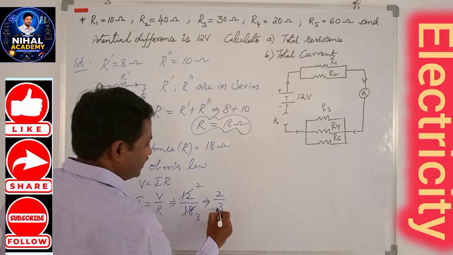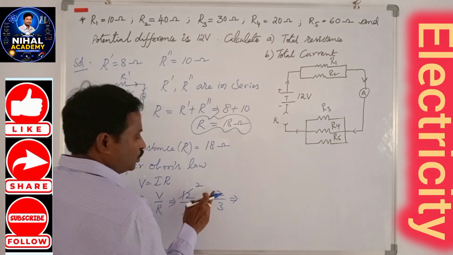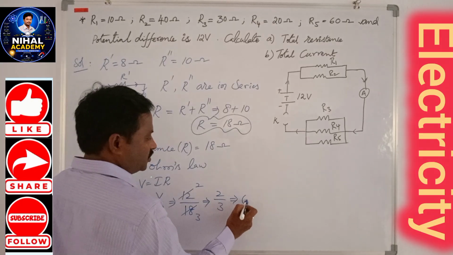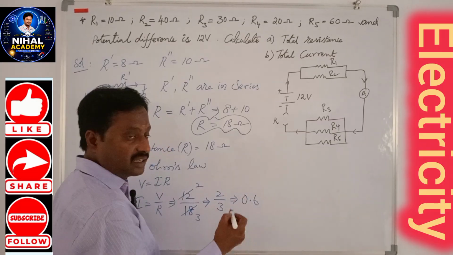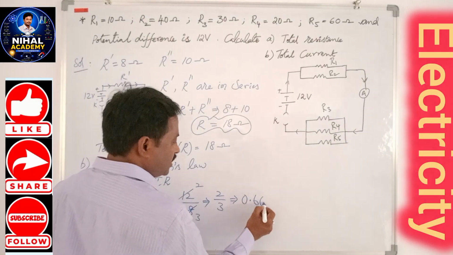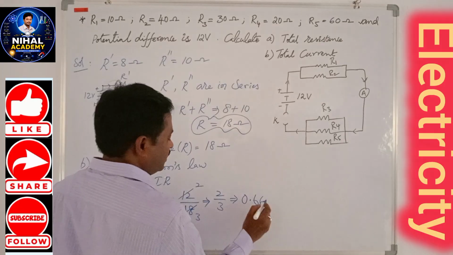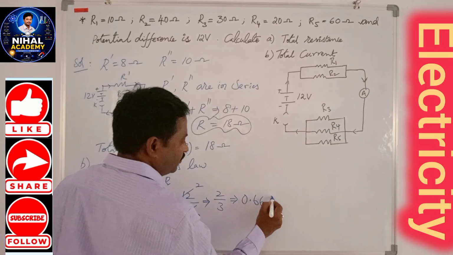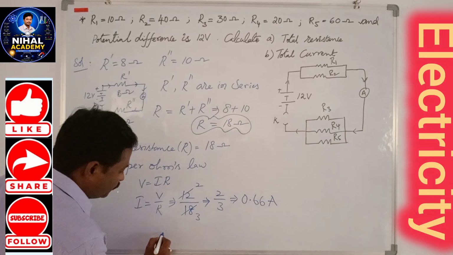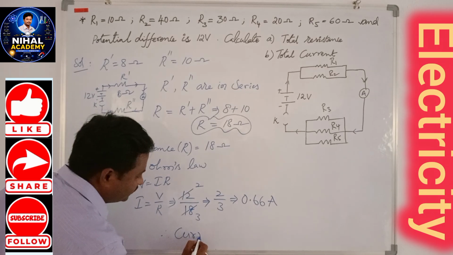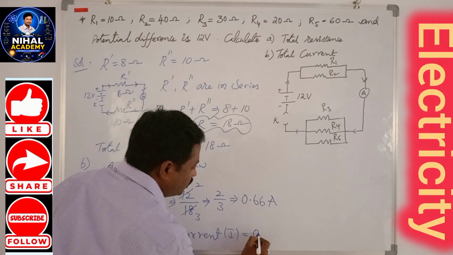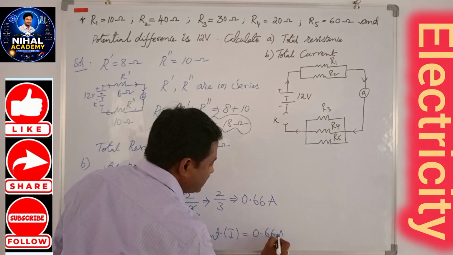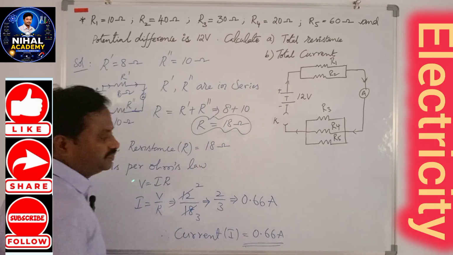So 2 by 3. 2 is not divisible by 3, so put 0 and decimal, then 20. 3 6 times 18, the remainder is 2, again 20. So 0.66. What is this? Current. The unit of current is ampere. Therefore current I is equal to 0.66 amperes. Let's see the next problem.